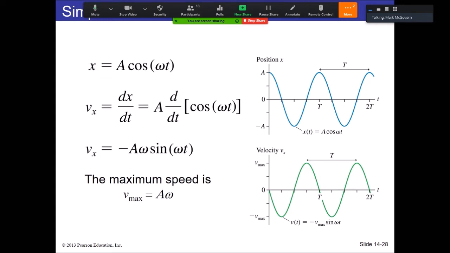Now the coefficient that sits in front of the sine function would represent the maximum value of the speed. Okay, so you remember the behavior of both sine and cosine is that they vary between the values of 1 and -1. The maximum value of the sine function is 1, so therefore the coefficient that sits out front does represent the maximum speed of the object there.